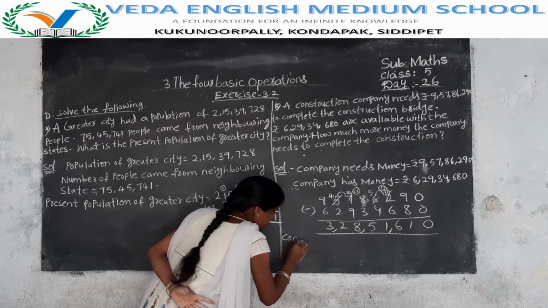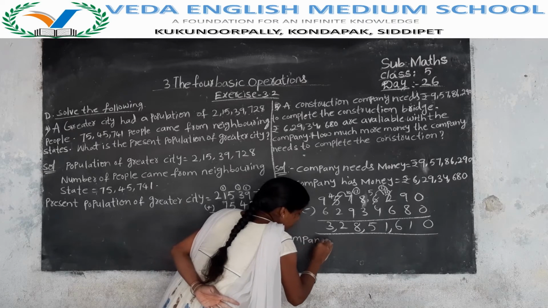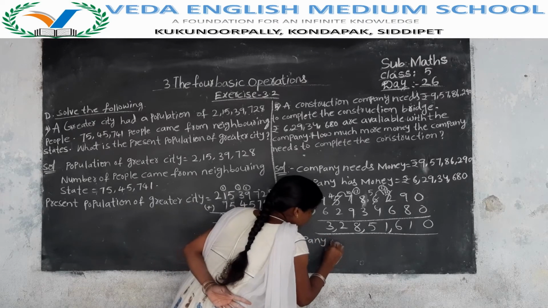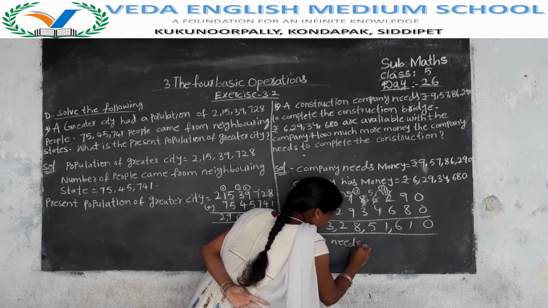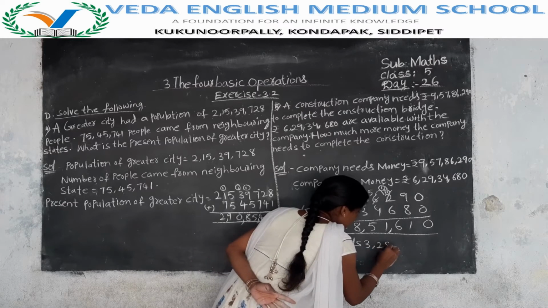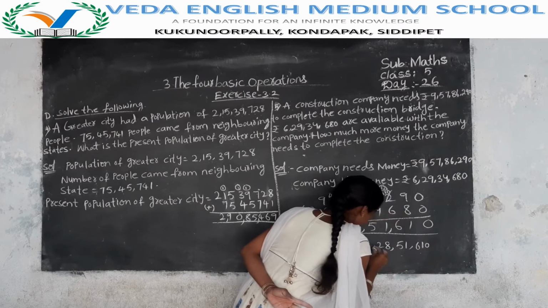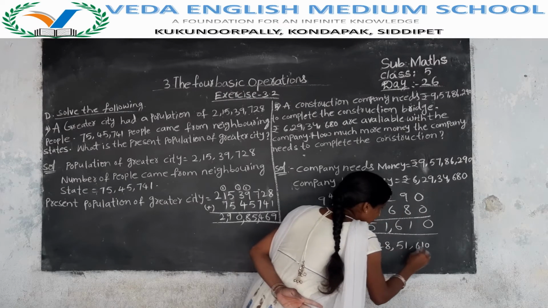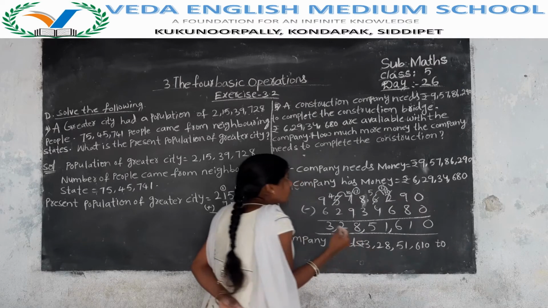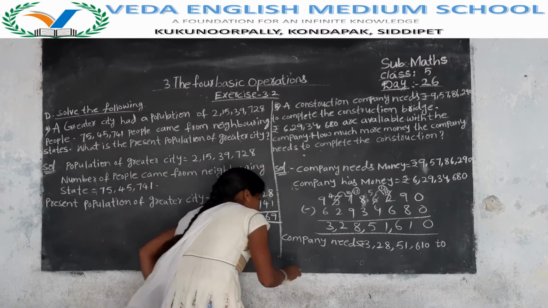Company needs 3 crore 28 lakh 51,610 rupees to complete the construction.